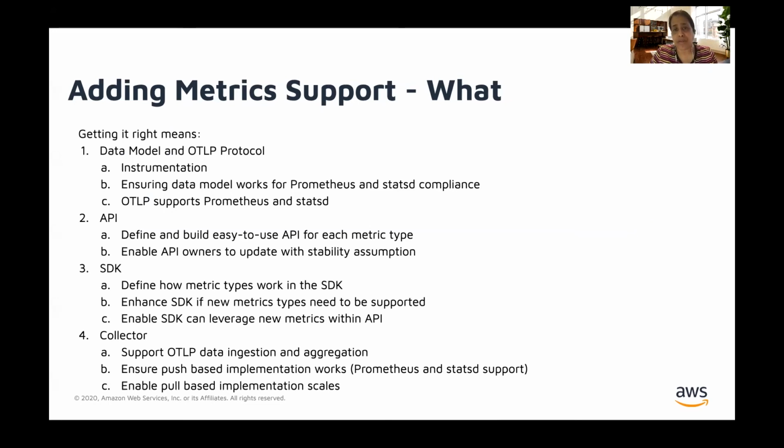And last but not least, the collector, which is the out-of-process pipeline for collection of metrics, can support OTLP data ingestion and aggregation. Ensure the push-based implementation works for Prometheus specifically, and Prometheus-based services and endpoints, and also ensure the pull-based implementation is fully implemented and scales.